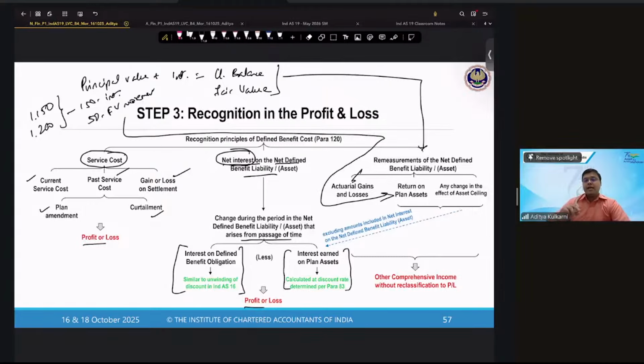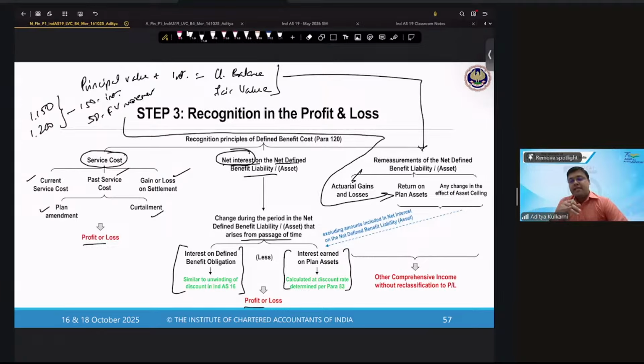Ideally, your liability should build up constantly, like closing balance plus passage of time के लिए जो finance cost है, you add that, and that will be the next year's closing balance. Current service cost will be added, and the closing balance will become next year's opening plus interest cost on that plus current service cost. It should be a straightforward movement.